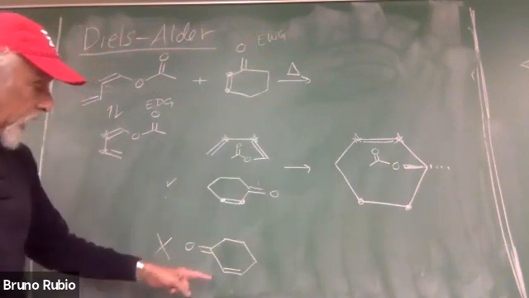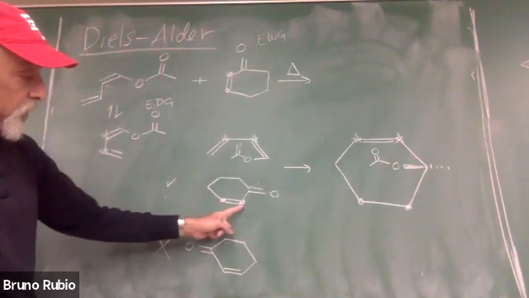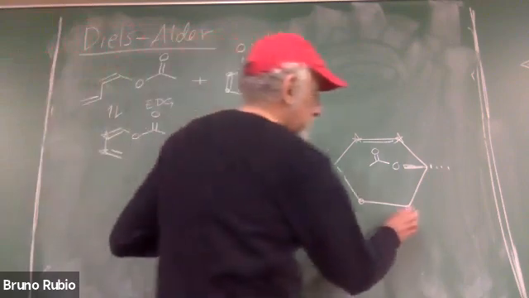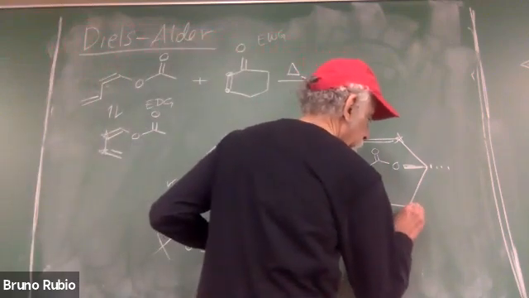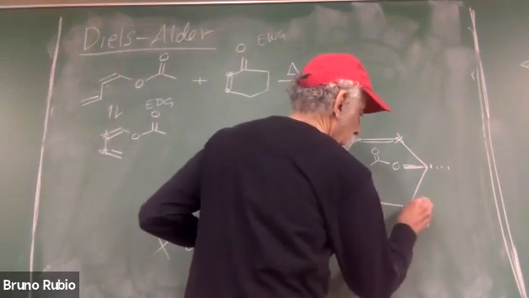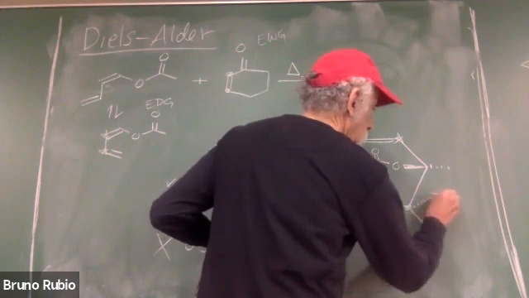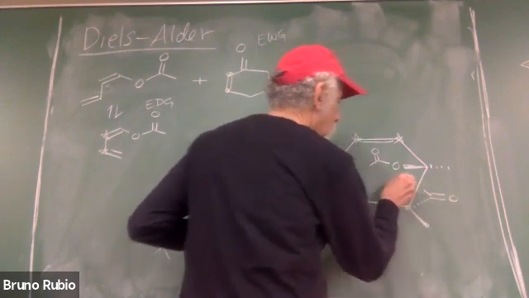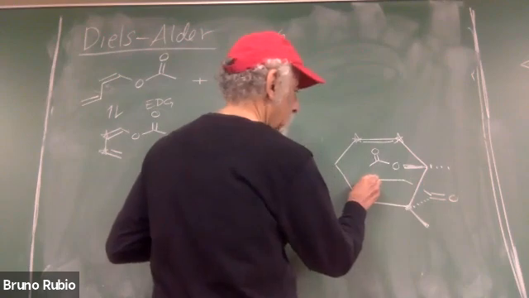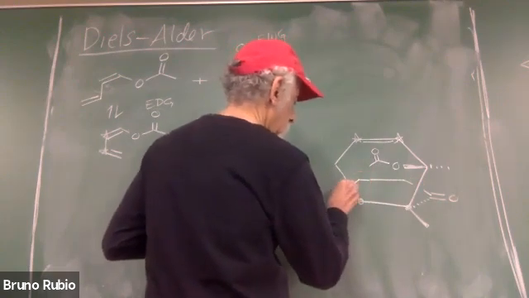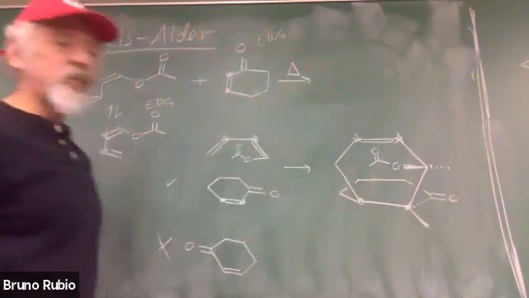Okay, this carbon here, he also has a dash and a wedge. But the dienophile got tucked under.